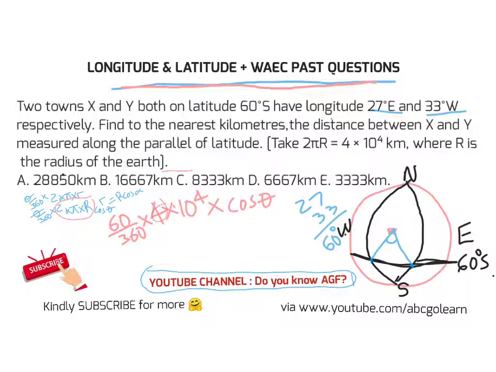Now if you do that, you can actually cancel this very 60 here, right? So 60 would cancel here, and this 360 would give you 6 here. With that, you can rewrite this. Okay, that is not even cos theta, I'm sorry, it's cos alpha. Now this very cos alpha is cos 60 degrees, just like you can see here, the cos of this very latitude. Now, if you try cos 60 degrees, it will give you 0.5.